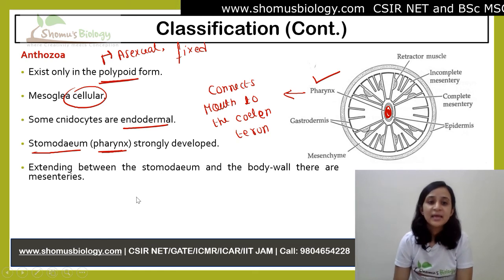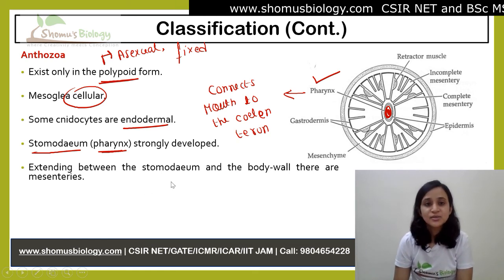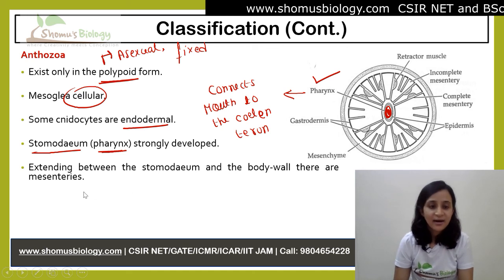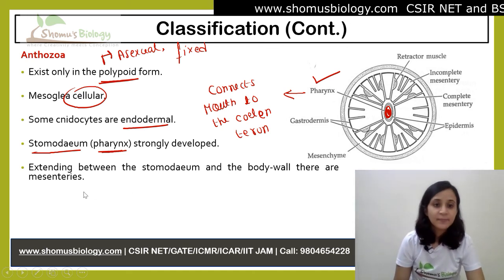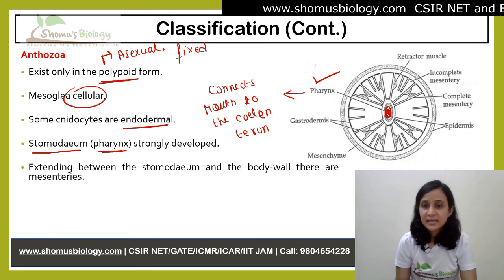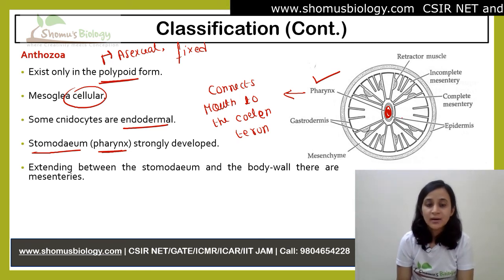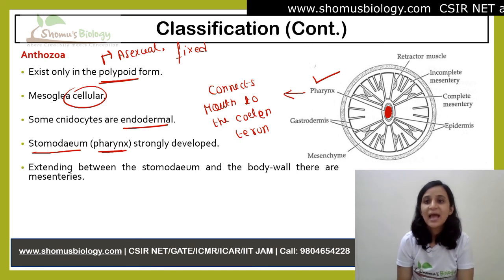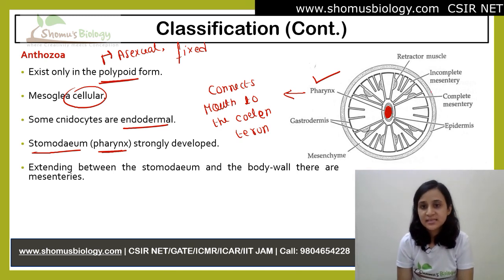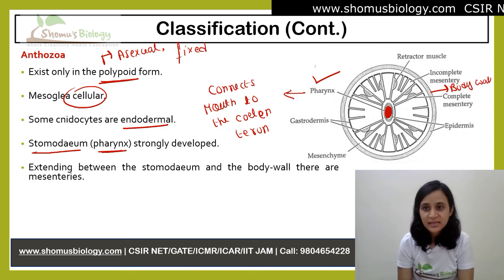Extending between the stomodeum and the body wall, there are mesenteries. Okay, so stomodeum is nothing but the pharynx. So between this pharynx and body wall, so this is the body wall. So between this body wall and pharynx, you will get some mesenteries.